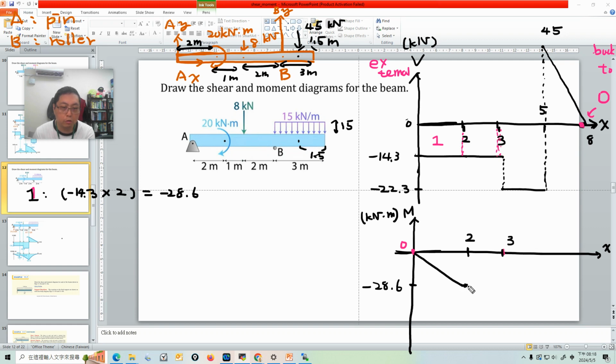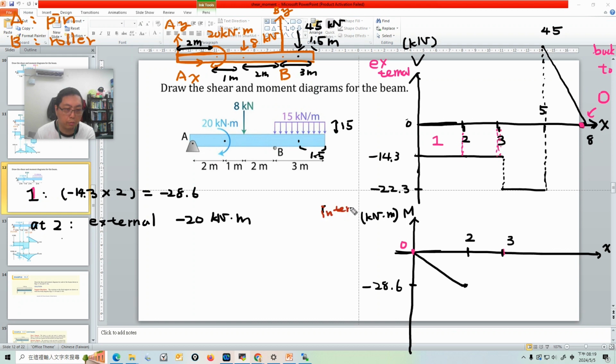At position 2, there's an external clockwise rotation. At 2 we have the external minus 20 kilonewton-meter moment. I keep saying that the moment diagram is actually the internal moment diagram.